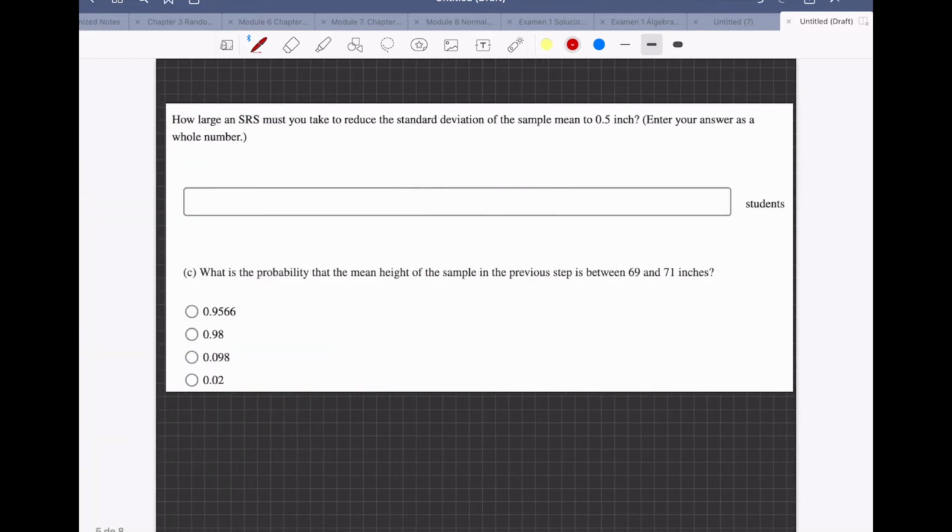All right. Now, how large an SRS, by the way, this is a simple random sample, must you take to reduce the standard deviation of the sample mean to 0.5? Enter your answer as a whole number.